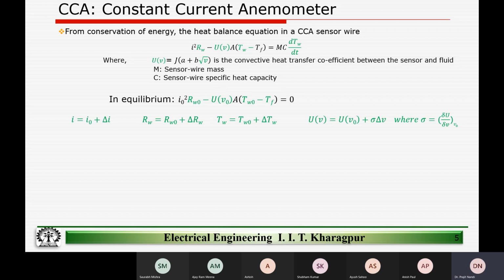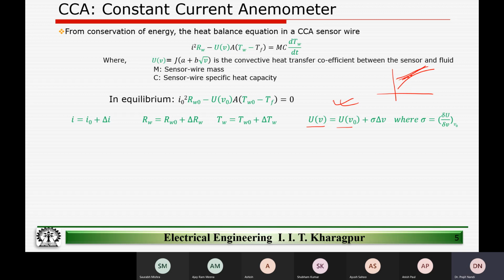Okay. So now with UV, whatever the graph, we are not interested in the graph, but because we are talking of an operating point, UV also will be changing based on UVW plus sigma times delta V. This sigma is nothing but the slope, and this makes sense, right?